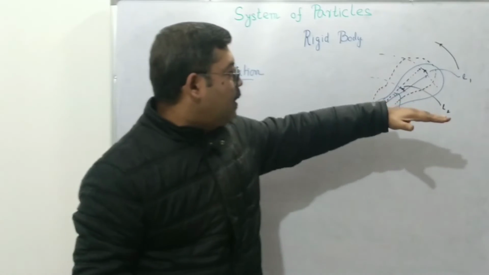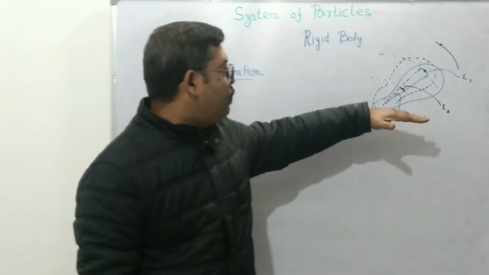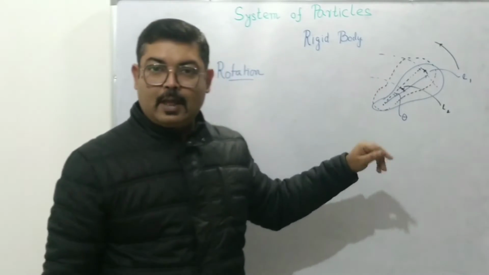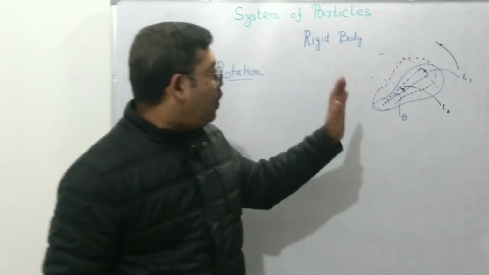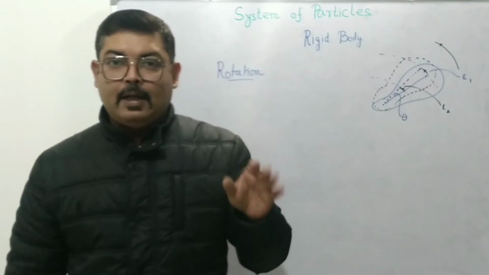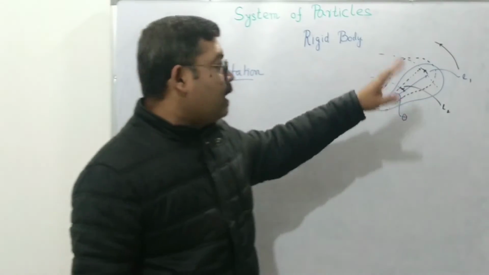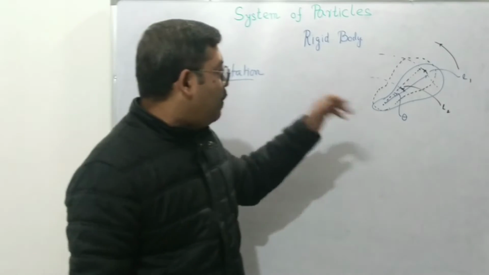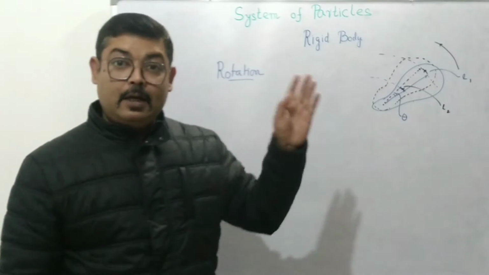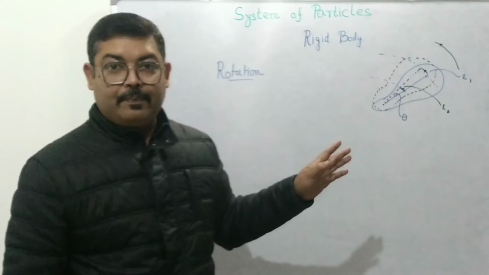In fact, when the rigid body rotates about a given axis, for a given time, for each of the particles of the rigid body, the linear displacements will be very different. However, the angular displacement for all the particles will be the same.